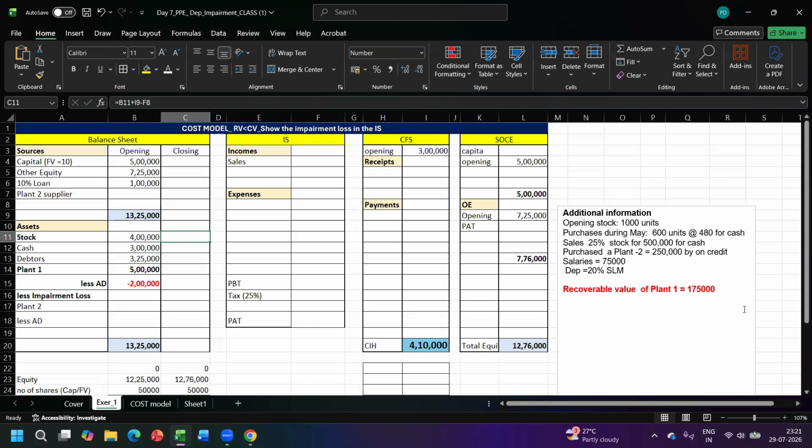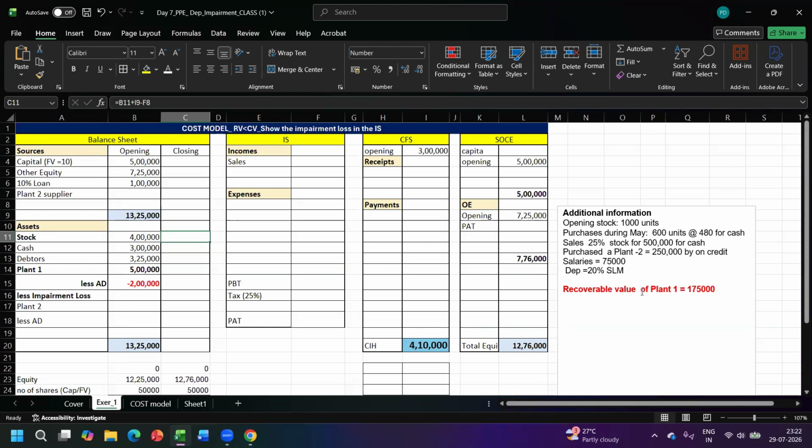I've taken a small exercise where there is an opening stock, purchases during the period, a part of it sold so that we will have the application opportunity to apply Ind AS 2, and also the plant purchase and the relevant depreciation with an information on the recoverable value, which will give us an opportunity to apply Ind AS 16 and Ind AS 36.